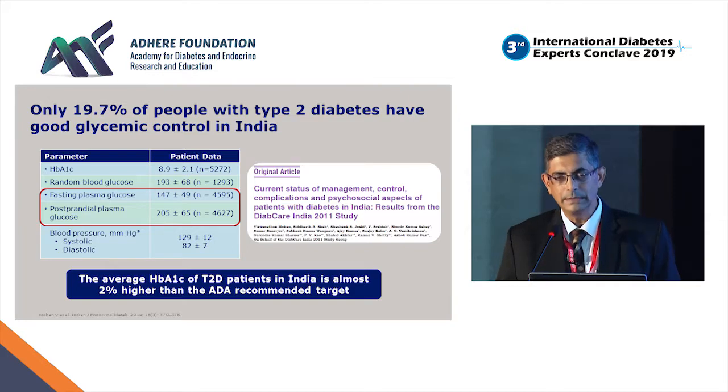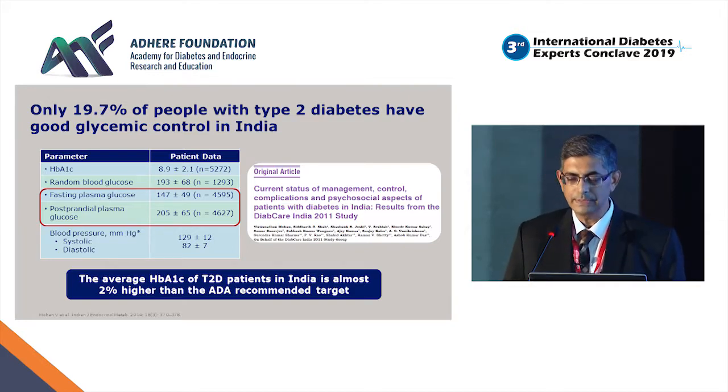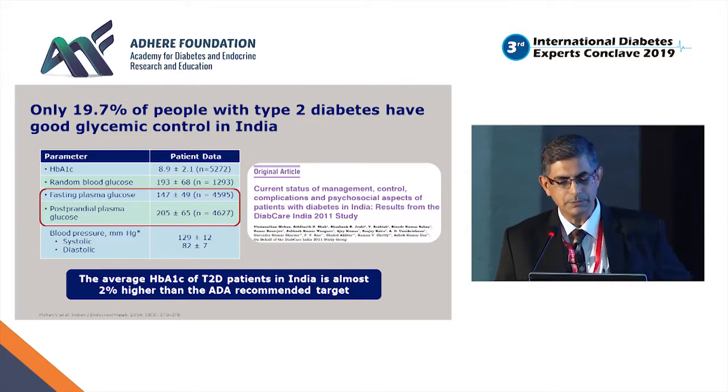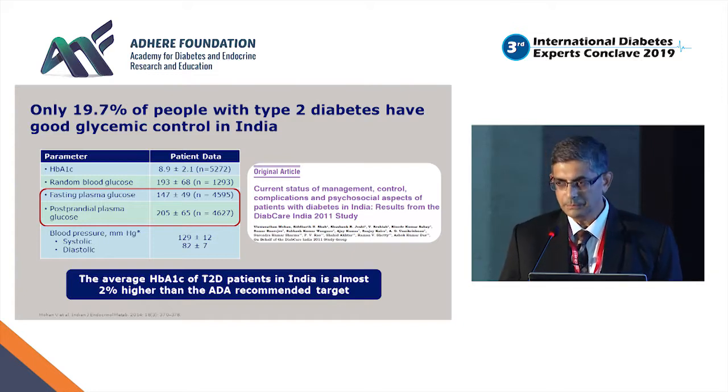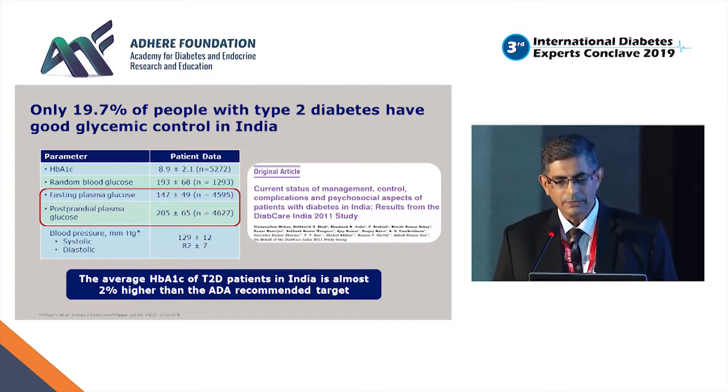You find that in the population, our average A1C is 8.9%, random sugar is 193, fasting glucose is 147, post-meal is 205, and blood pressures are a little better. And only about 19.7% of our patients really get good glycemic control.